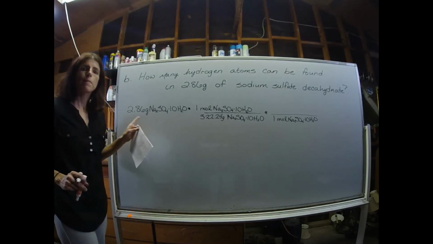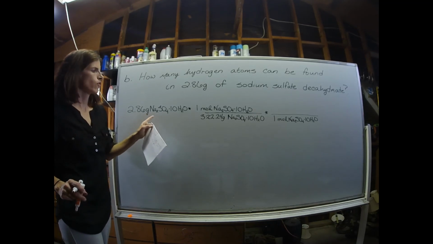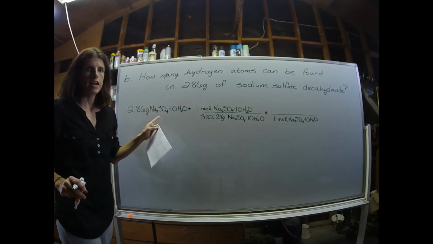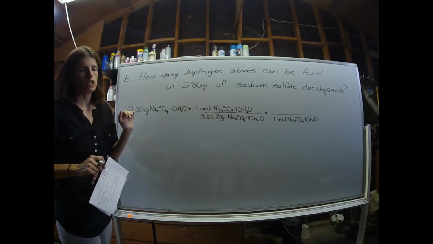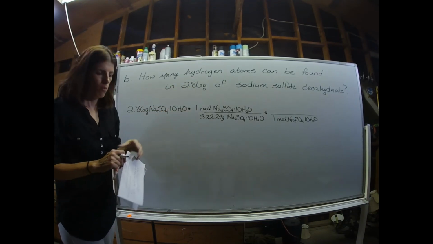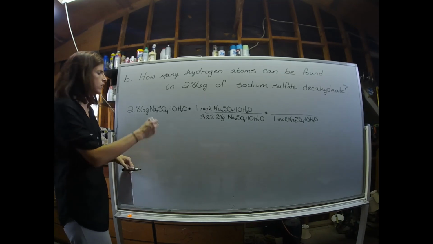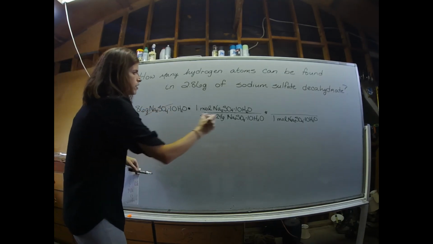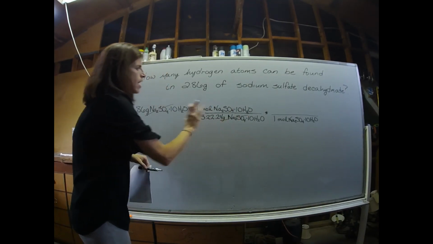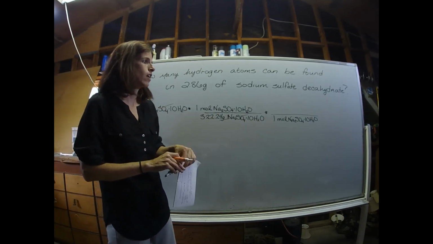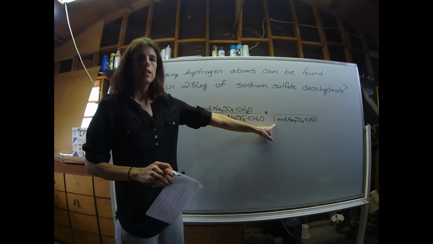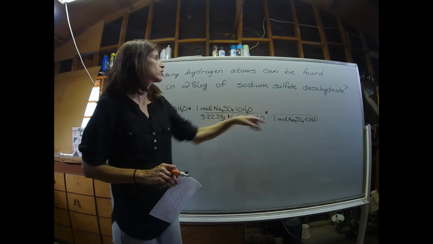I started my problem with the 2.86 grams of sodium sulfate decahydrate that they told us we had in the given information. I used the molar mass that we just calculated to get rid of grams. And now I'm at moles of sodium sulfate decahydrate. I know I need to get rid of that, so I put it in the denominator of my next conversion factor.